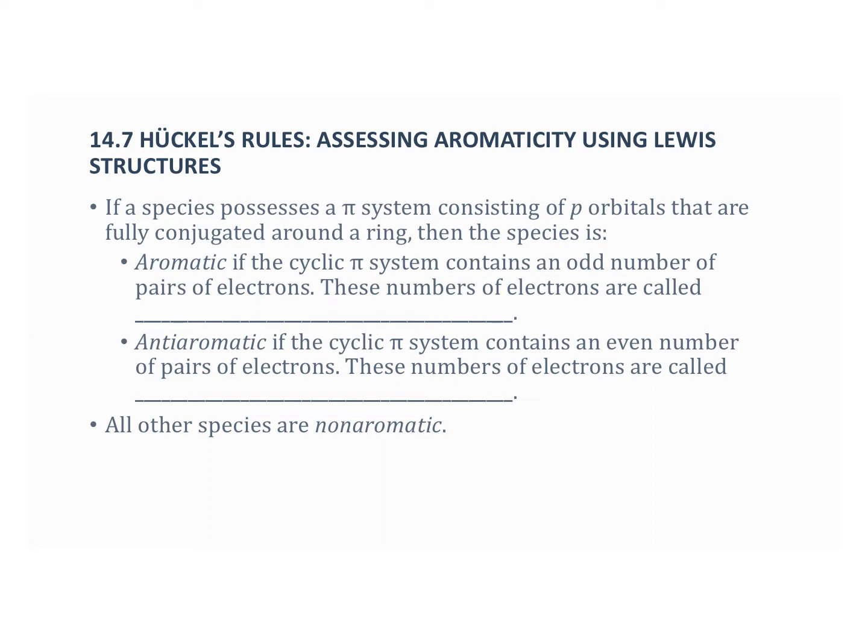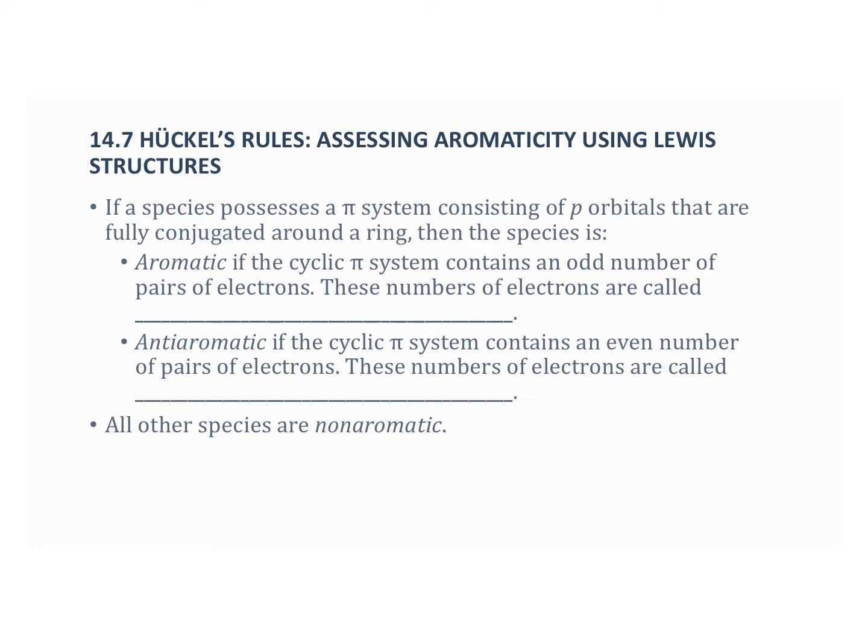Now, Huckel's rules for aromaticity were proposed by a German physicist and physical chemist named Erich Huckel, who lived from 1896 to 1980. Basically, if a species possesses a pi system consisting of p orbitals that are fully conjugated around a ring, then the species is aromatic if the cyclic pi system contains an odd number of pairs of electrons.